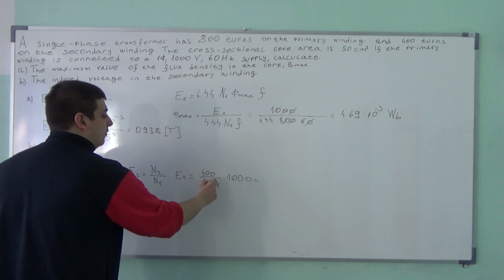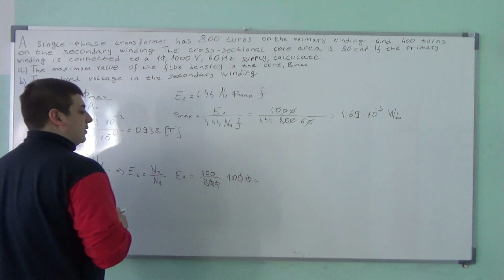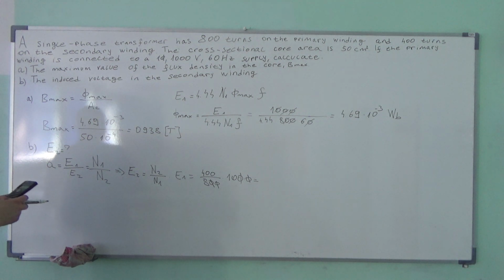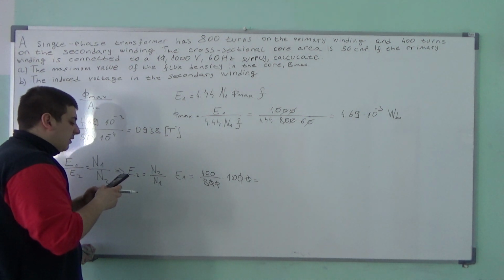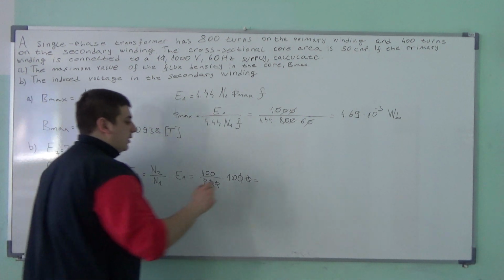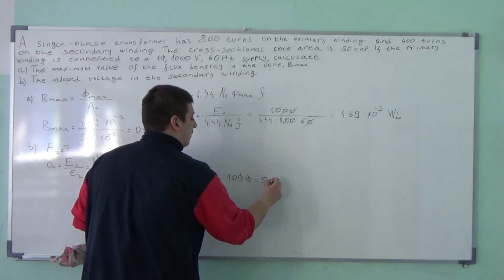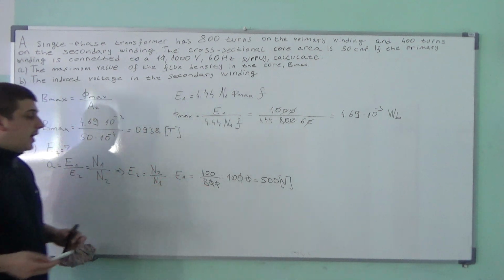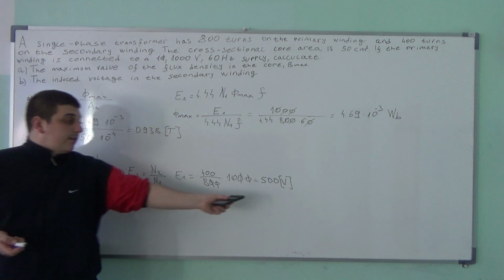I can remove these two zeros and I'm going to calculate it. This is now 400 times 10 divided by 8. So the induced voltage on the secondary side is 500 volts.